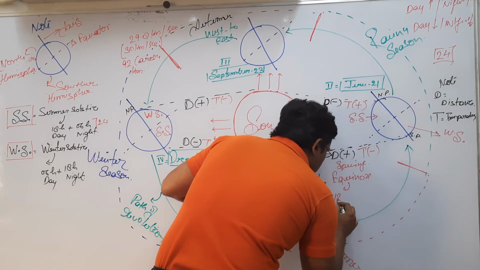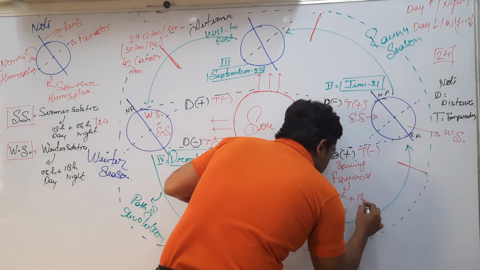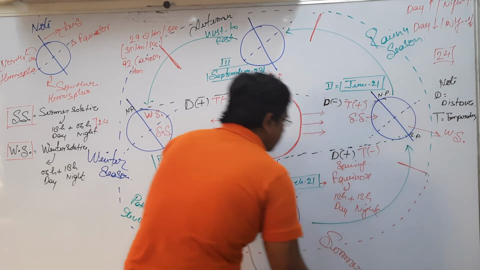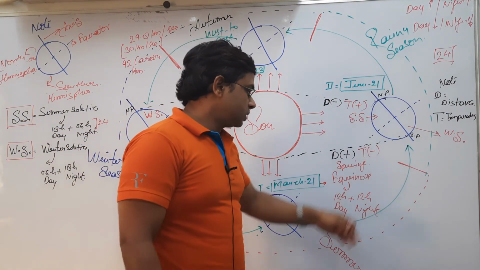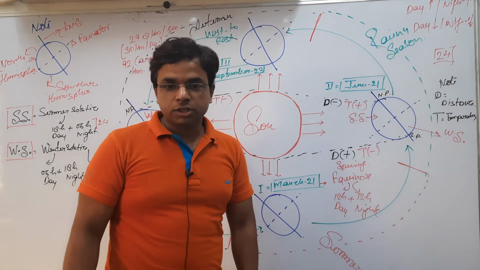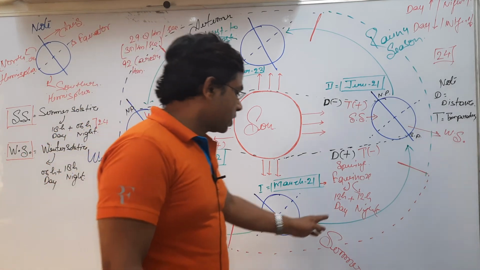Equinox is 12 hours of day plus 12 hours of night. So equinox is that situation in which both the day and the night are of equal time duration, that is 12 hours day and 12 hours night.